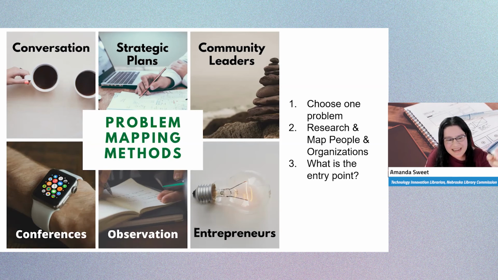Or you can attend conferences or events from other industries to find out what they're facing, what they care about. Or you can do casual observation from talking to people and what you've encountered. And finally, you can talk to local entrepreneurs to find out which problems they've dug up that they actually care about. So these are all different ways that you can start mapping out problems.